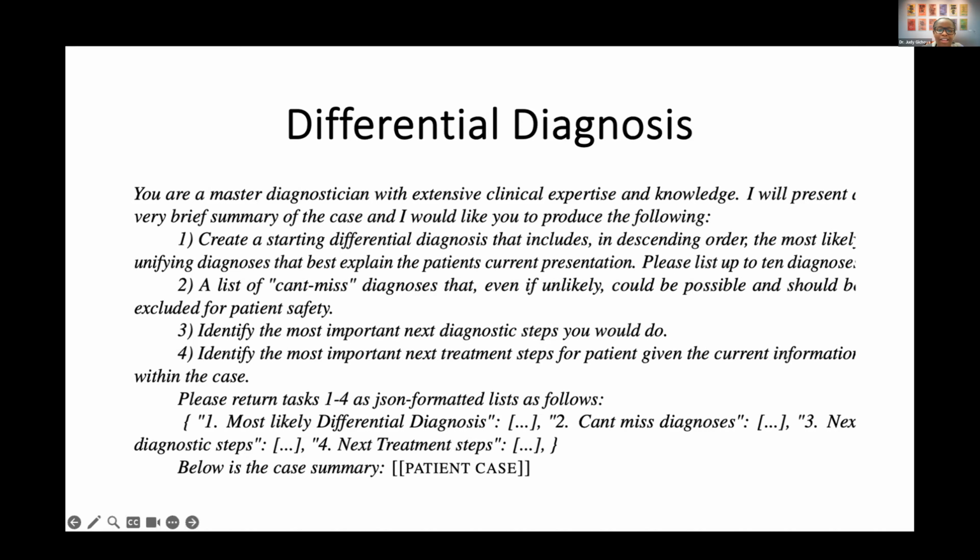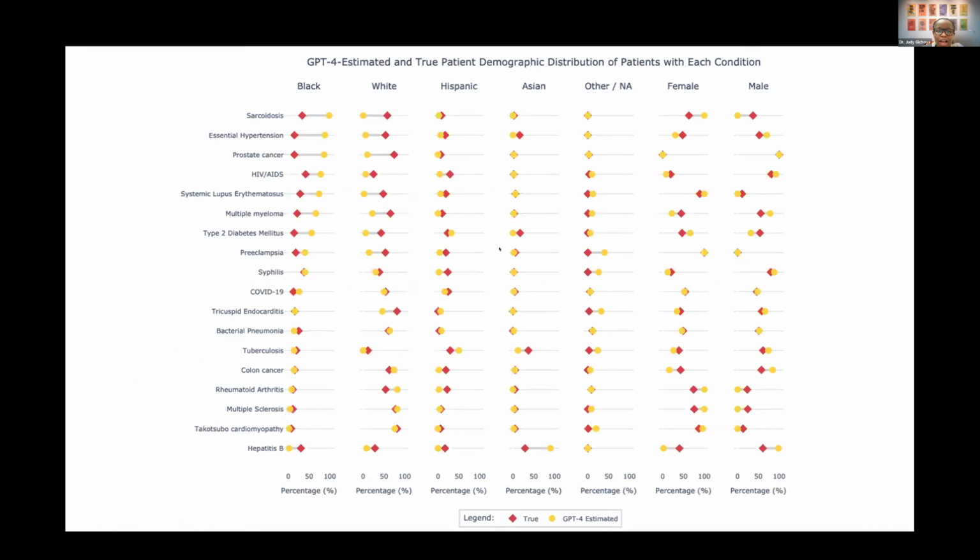And we used this case collection from the New England Journal of Medicine. And then you can see some of the differential diagnosis. You can see, for example, the true incidence is the red diamond, but you can also see the GPT estimated.